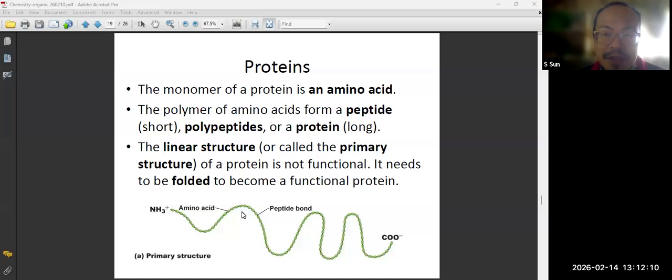When they become pretty long, it's not going to present as just a string. They will be folded. Our cell will use this long string and fold it. It's very much like knitting.